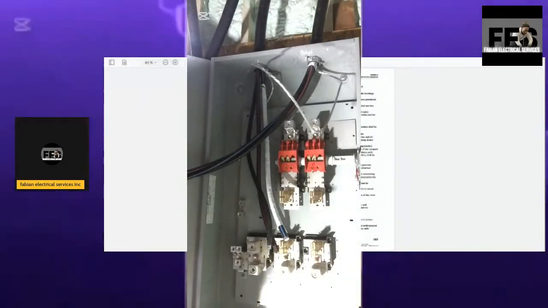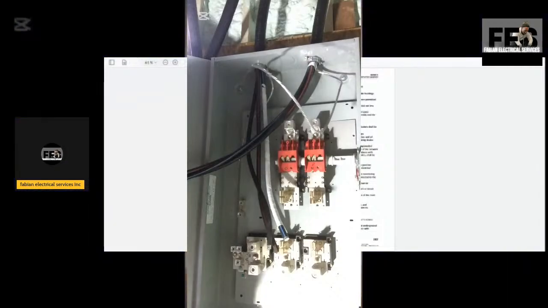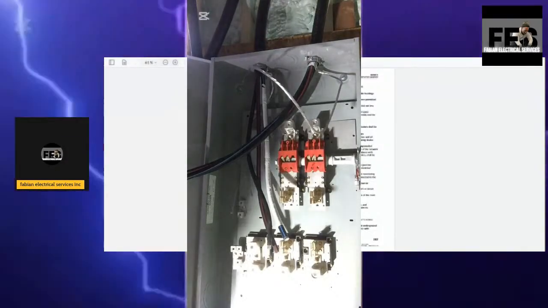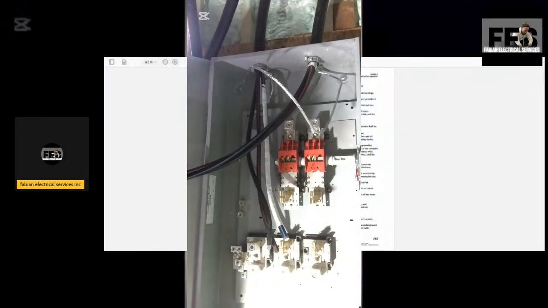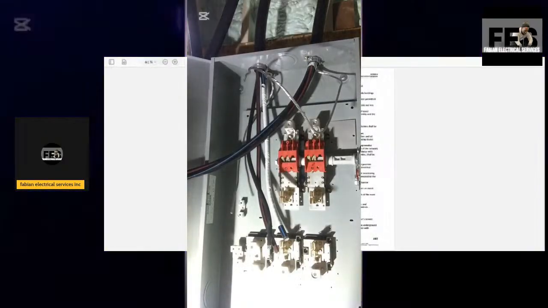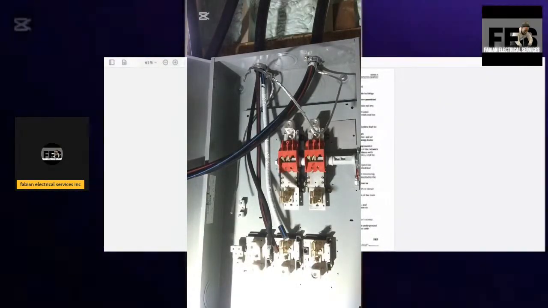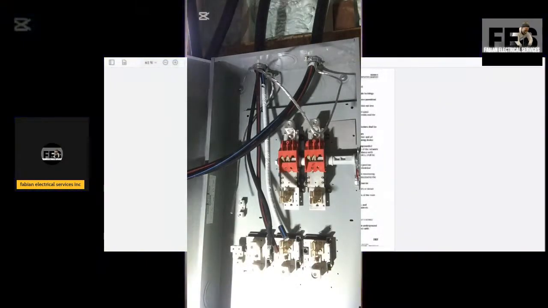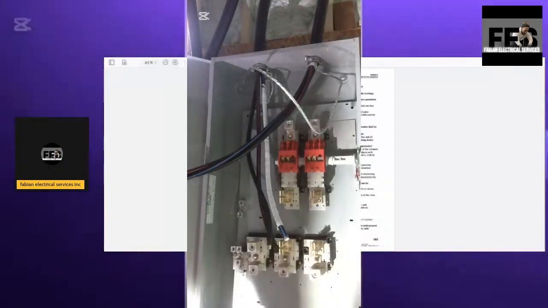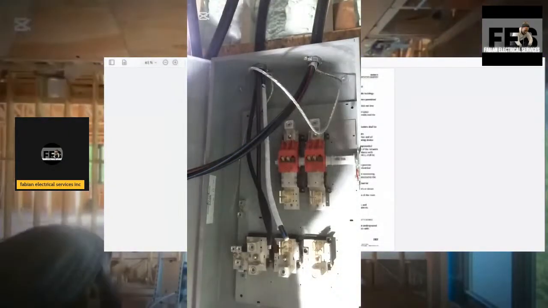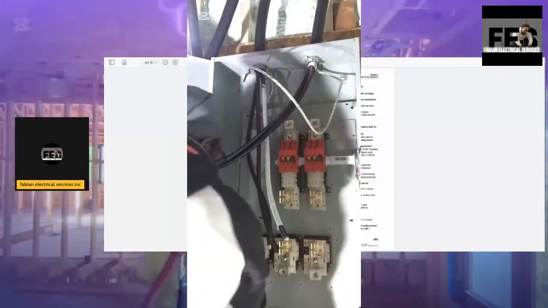There is a code compliance rule that states that for a particular size of cable we must identify up to. So this is what I am doing here, identifying my conductors with the white tape.